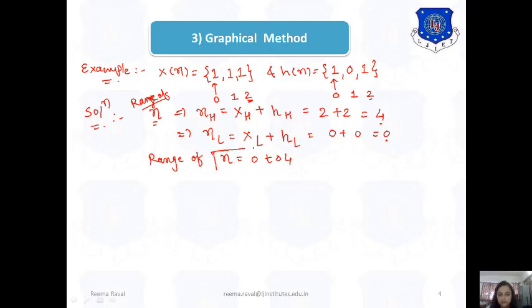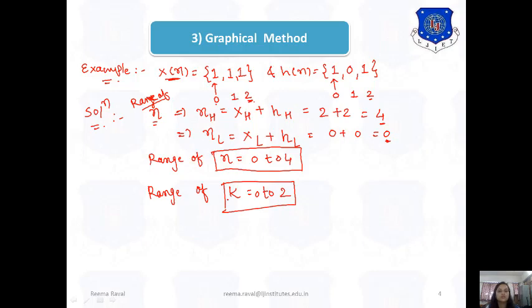Here the lower range is 0 and the higher range is 4. Now we need to define the range of k. We know that the range of k depends strictly on the range of x of n. The x of n range is 0 to 2, so the range of k will be 0 to 2. Thus we have defined the range of n and k.